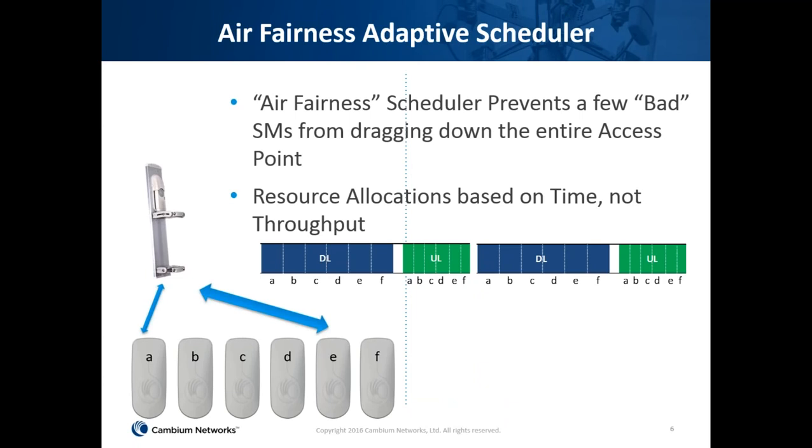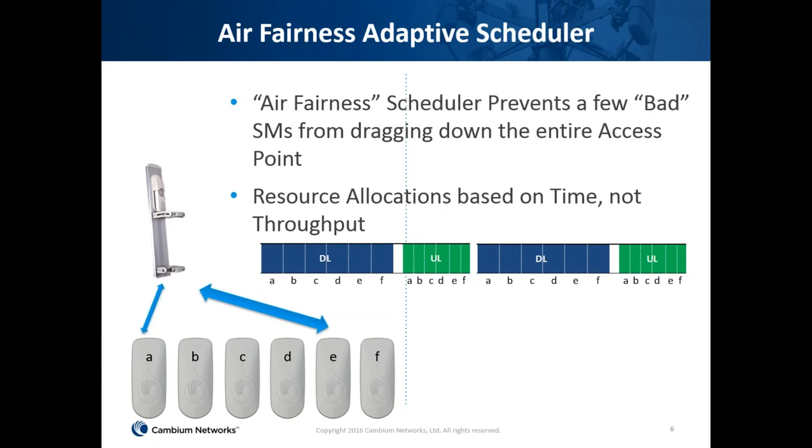So a little bit about the deterministic MAC that I talked about. MAC would be medium access control, but we usually refer to it in ePMP's case as an air fairness adaptive scheduler. We talk about air fairness because I think it's a good way to explain this concept.